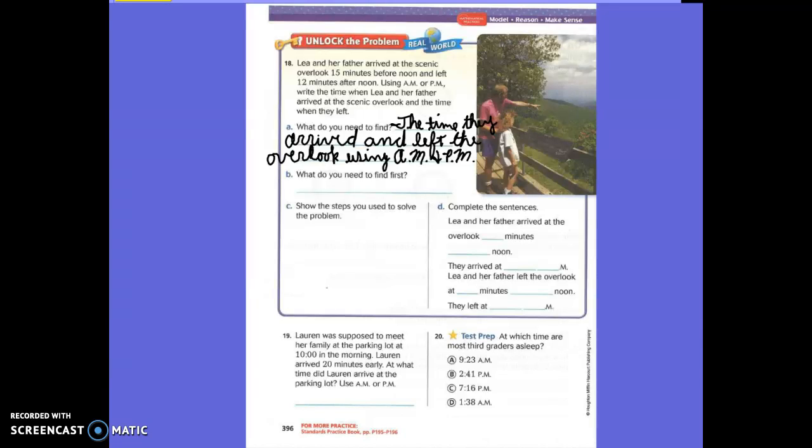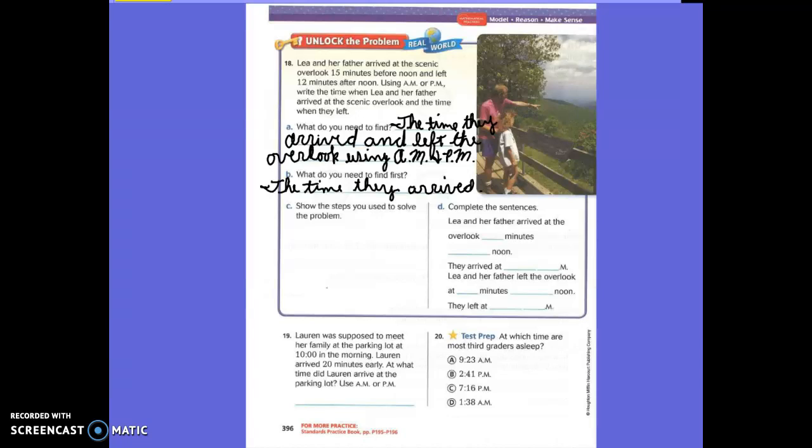Okay, but what do we want to find first? What time she arrived? Yes, what time they got there. The time they arrived. We want to find the time that they arrived.